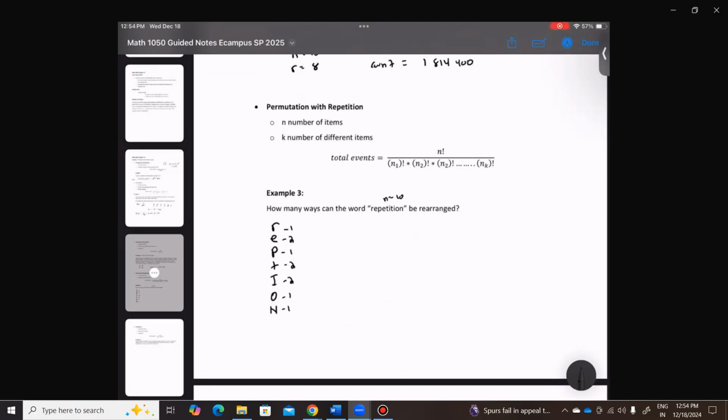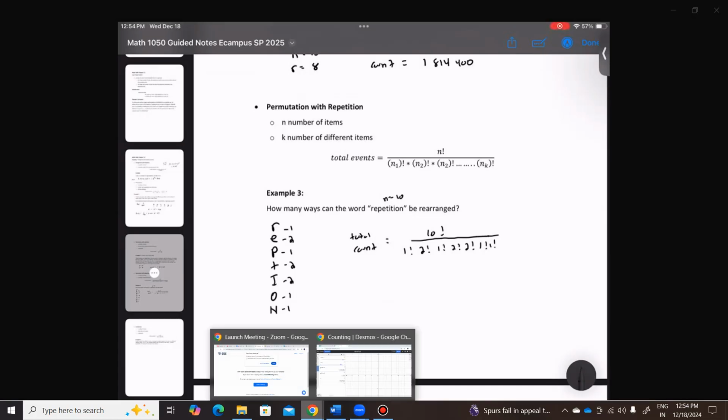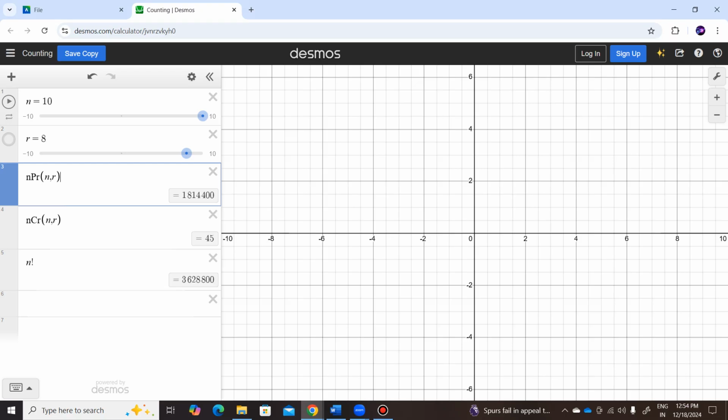So our total count is 10 factorial over 1 factorial, 2 factorial for E, 1 factorial for P, 2 factorial for T and I, 1 factorial for O, and 1 factorial for N. All right, so 10 factorial, you can actually go to the Desmos calculator for that. 10 factorial is 3,628,800.